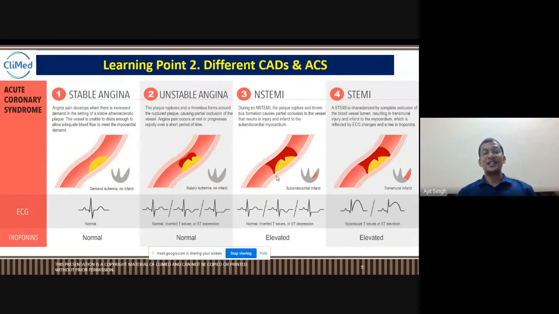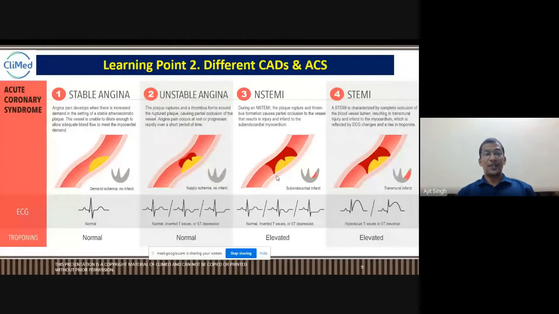There is no injury, but the atherosclerotic plaque or block will decrease the supply of oxygen to your heart chambers or heart valve, coronary valve.